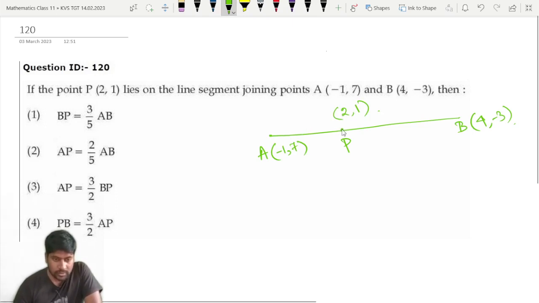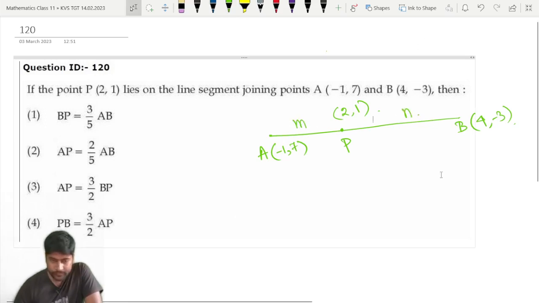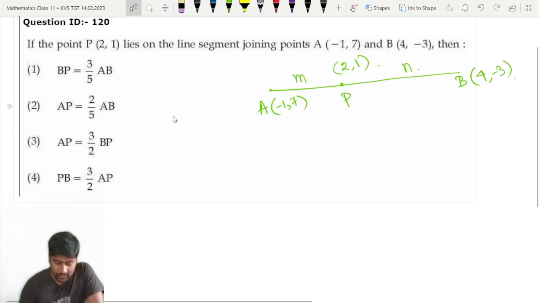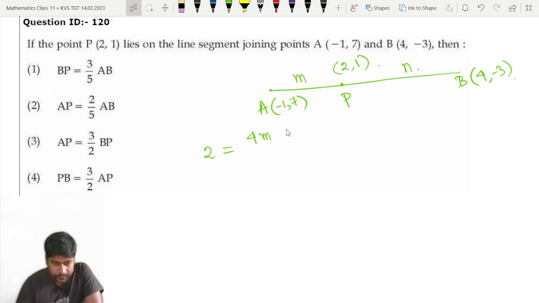So 2 will be equal to (4m minus n) divided by (m plus n).